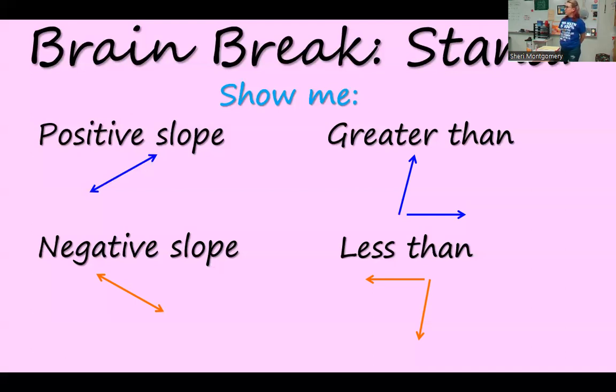Positive slope, we read from left to right. Positive slope, you're pointing up with your right hand. Show me where you shade if you are shading greater than. Up and to the right. That's where positives are. Okay, it's important that we know where these things are and how to do it. So you can sit down and we're going to do the back side.